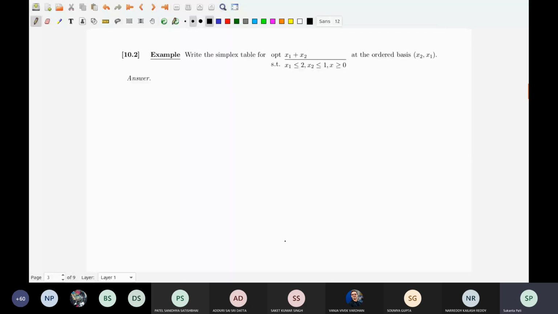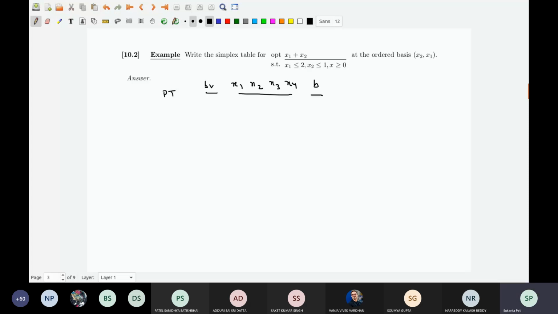Now, the problem table for this is: I will write BV over here, and this has to be written in SLPP way. So with SLPP, I will have two extra variables. I write that.